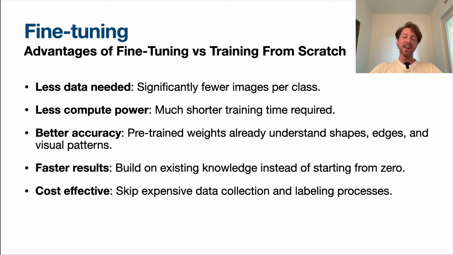The thing is, training from scratch, especially a YOLO model, is a tough road. Training from scratch means that we first need an absolutely massive dataset, like for example the COCO dataset.